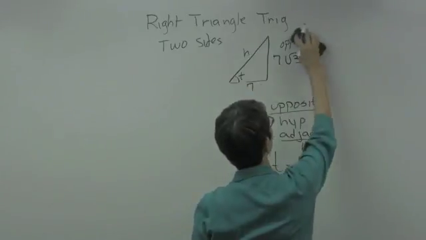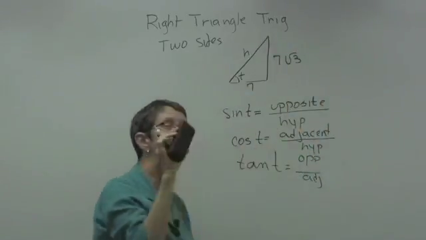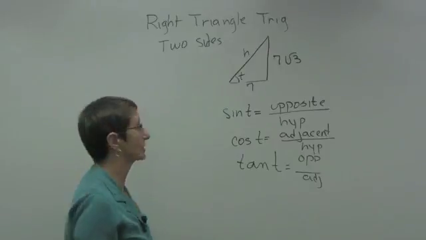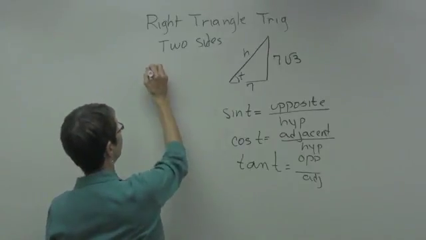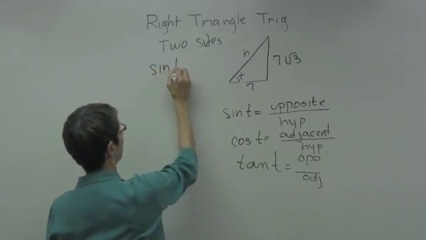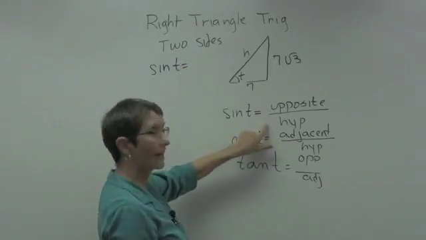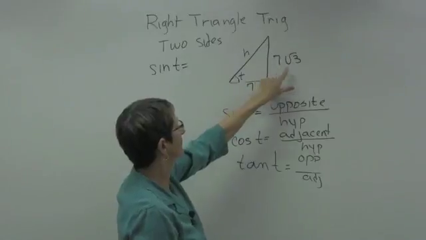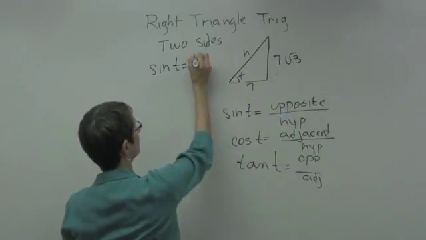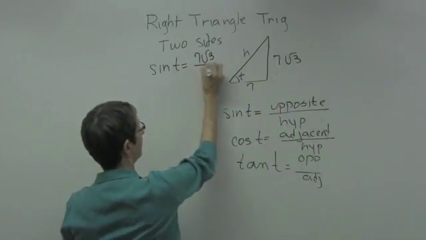And what I want to do now is find all 6 of my trig functions. If I'm finding the sine of T, it'll be the opposite side over the hypotenuse: 7 square root of 3 on top over the hypotenuse.